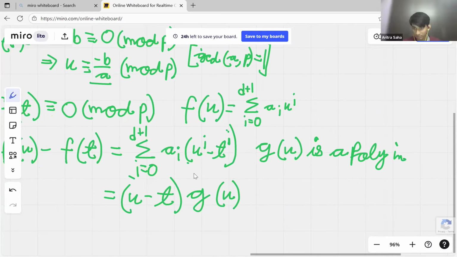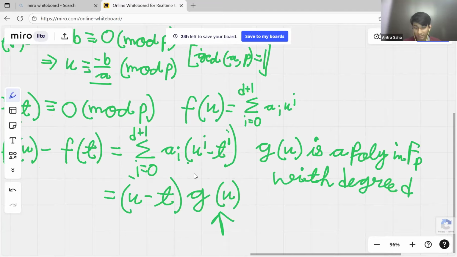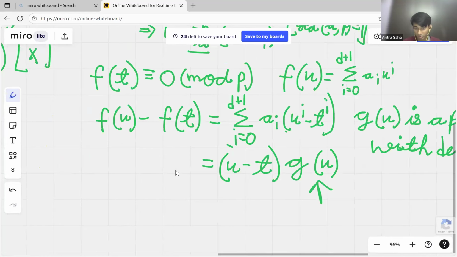Now you're basically done because g(x) is in Fp with degree d, and by our induction hypothesis, we know this has at most d roots, and x minus t has only one root, because if f(x) is a solution, we need this to be 0 mod p. So either this is 0 or this is 0. If g(x) is 0, there are at most d roots, and the other has one root.